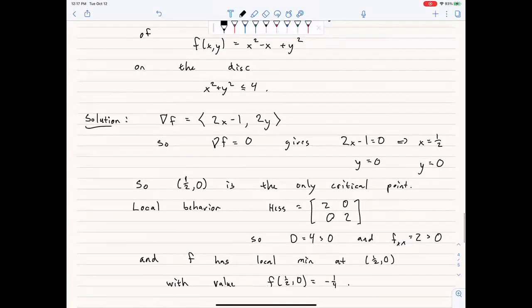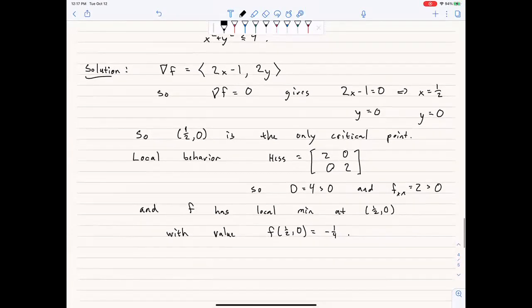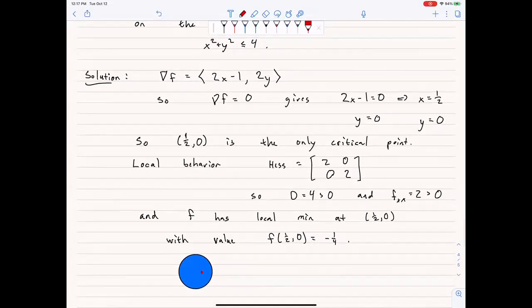Now, what do we do now? So we have this disk. We have a critical point somewhere in that disk at (1/2, 0). Now we need to actually look along the boundary. And in this case, we can parametrize it because the boundary is a circle of radius 2.